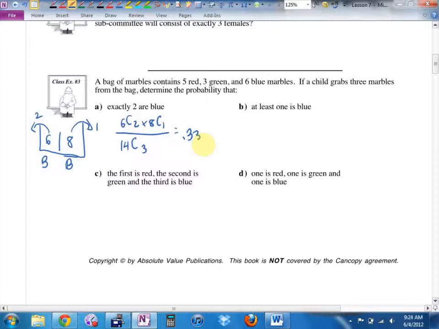I would do 1 minus no blue, using the same bucket here. 1 minus, from 6 blues, choose none. From the 8 remaining, how many must I choose then? 3. All over 14 choose 3.